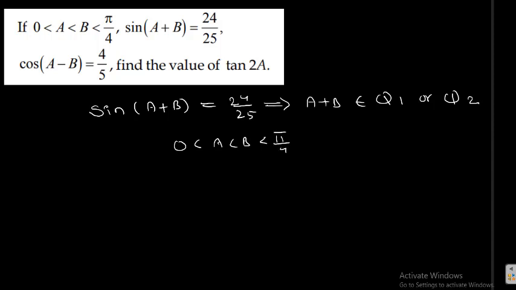Means A and B values lie between 0 to pi by 4 only, and B should be greater than A. So their summation should be greater than 0 and less than 90 only. What is the meaning of that? A plus B is acute. Therefore A plus B lies in first quadrant.